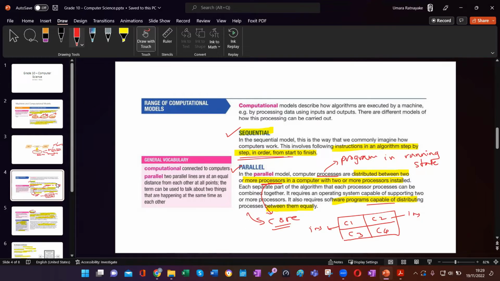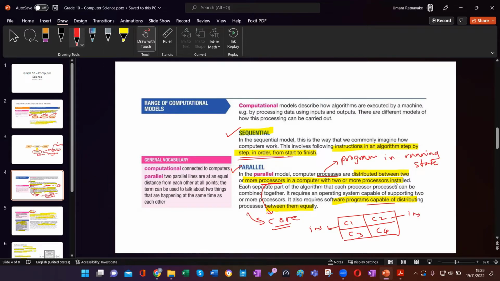I just took addition of 2 numbers as an example, but in reality, these are processes, which means one of the tasks that C1 would be doing may be waiting for user input. One of the tasks that C2 is doing may be sending a memory address to the RAM, right?